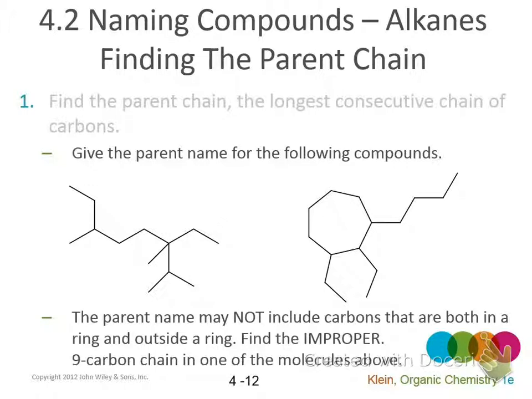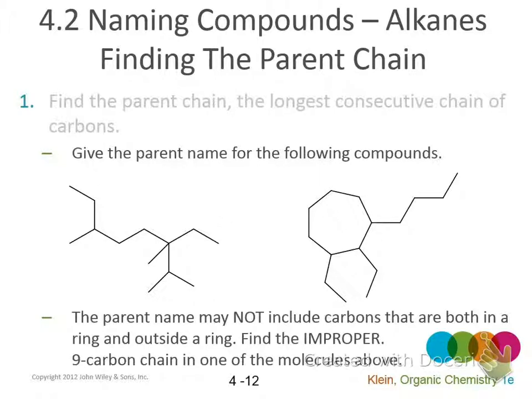We'll name these guys, and they're all drawn weird, like I said. Identify the parent chain for the molecule on the left. What's the number of carbons in the longest parent chain? 8.